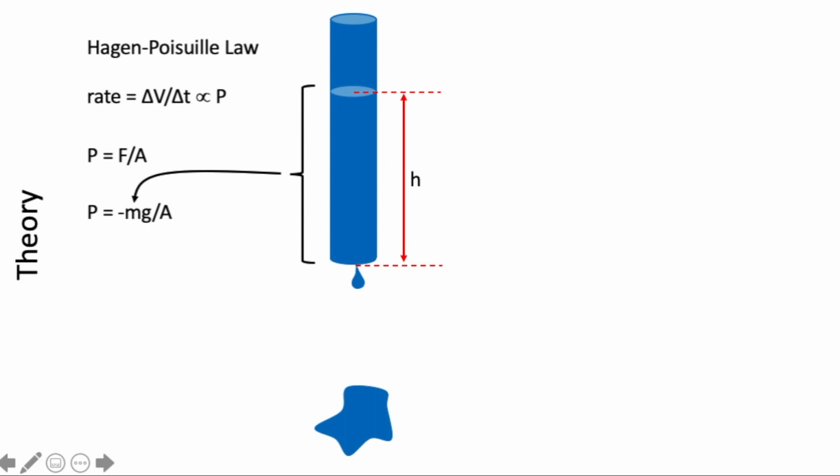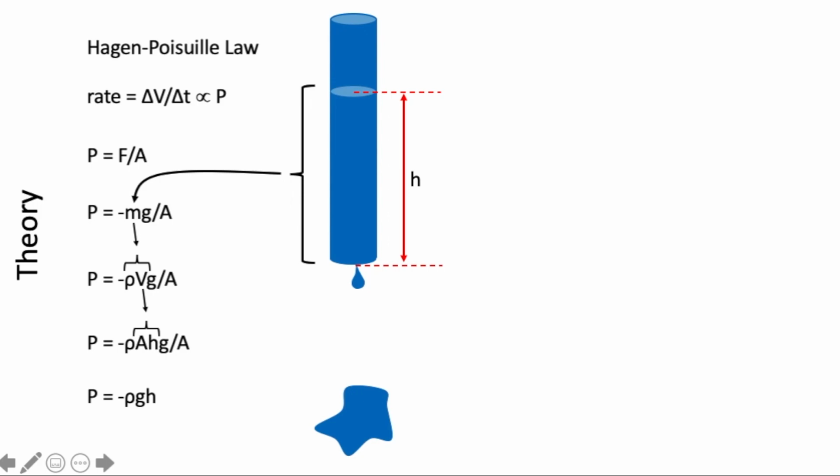The force is negative here because it is in the downward direction. The mass of the column of water is given by its volume times the density ρ. Since we have a cylinder, the volume is the height of the column of fluid H times the cross-sectional area A. Crossing out A shows that pressure is minus ρ g h.